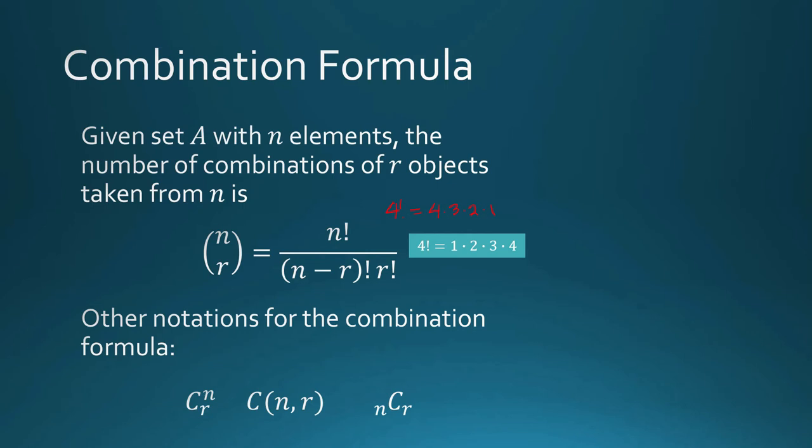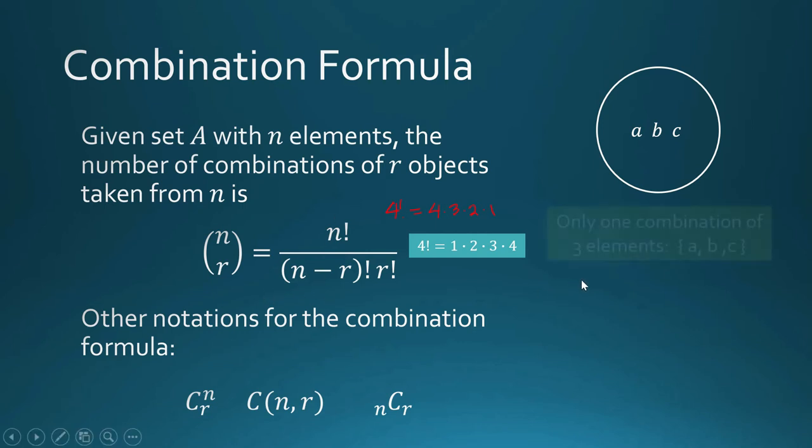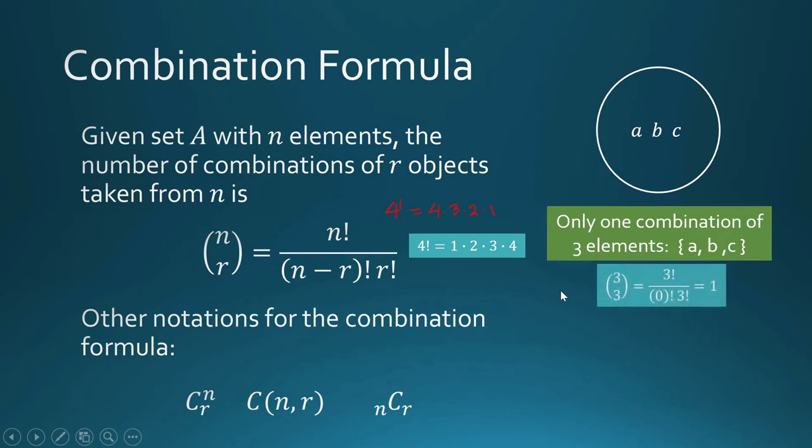Let us go to the earlier examples. We have a set containing 3 elements. How many combinations of 3 objects can be taken from this set? We will apply this formula. So it's going to be 3 factorial over 3 minus 3 factorial, and 3 minus 3 is 0.